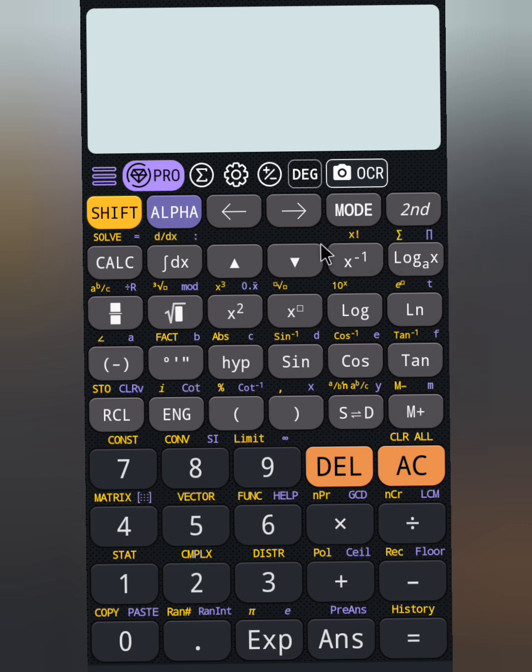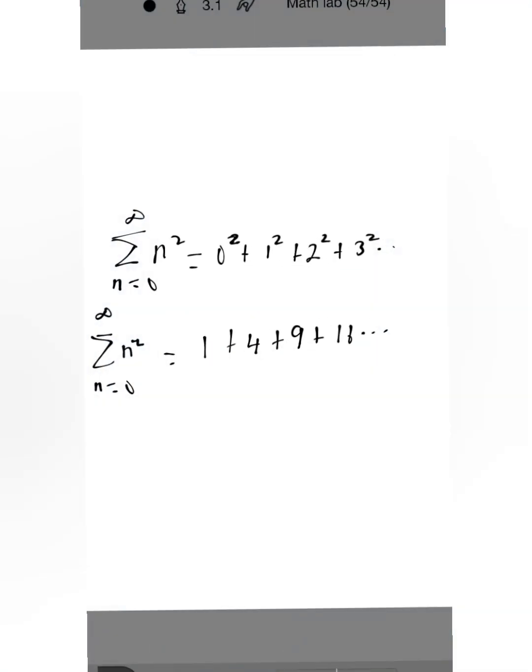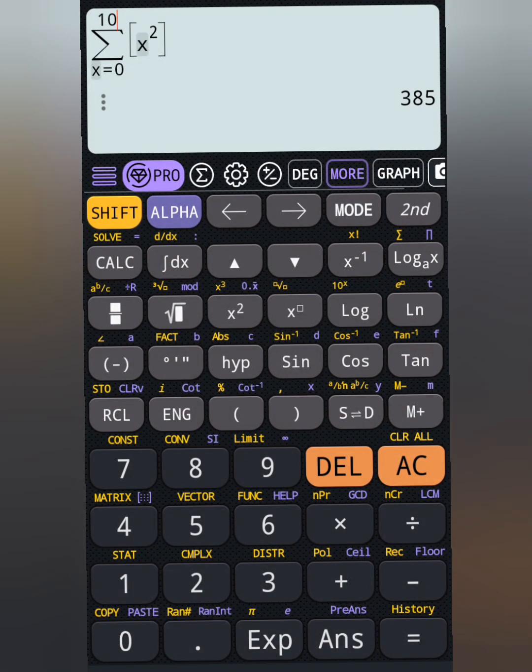Summation sign, we use Shift log, the summation of n squared, which is Alpha x squared, from x equals 0 to, now let's start with 10. If you sum it up from the first term to the 10th term, the answer will be 385.